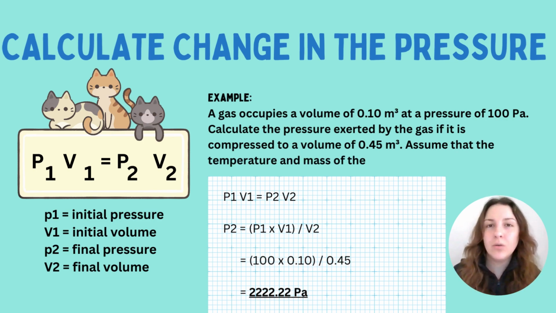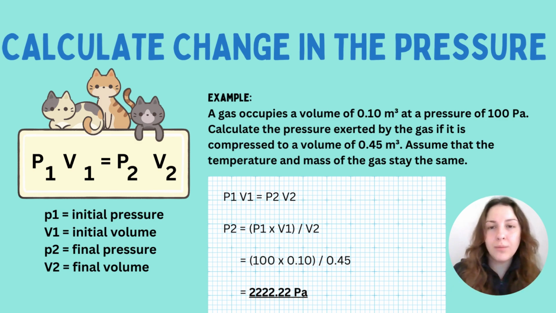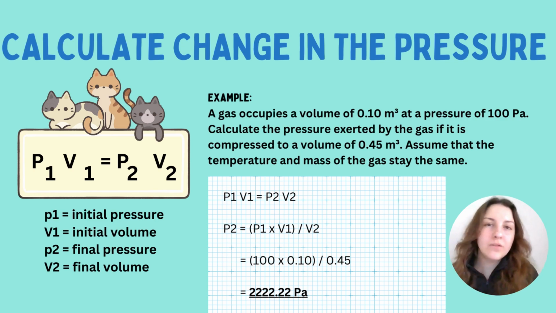V1 is just the initial volume. And we're equating this to P2, which is the final pressure, and V2, which is the final volume. So we can actually use this equation and rearrange it to calculate whether it's the change in pressure, the volume, or the change in volume. Whatever the case is, we can rearrange this equation to calculate something we need to know.